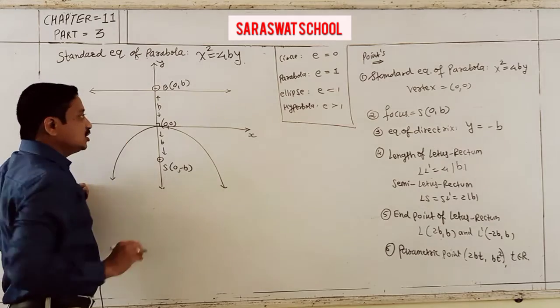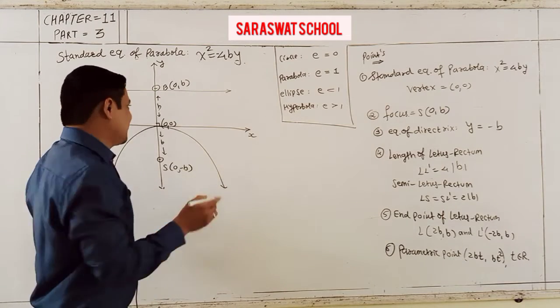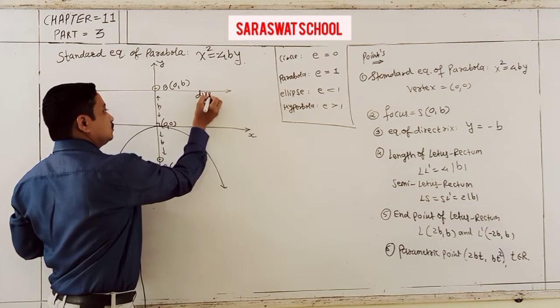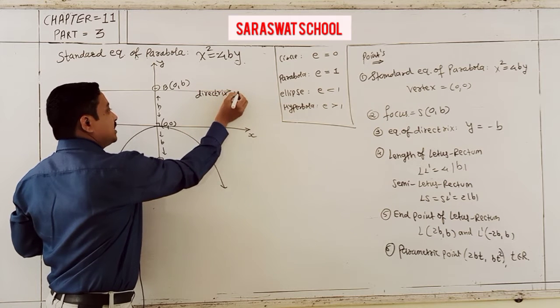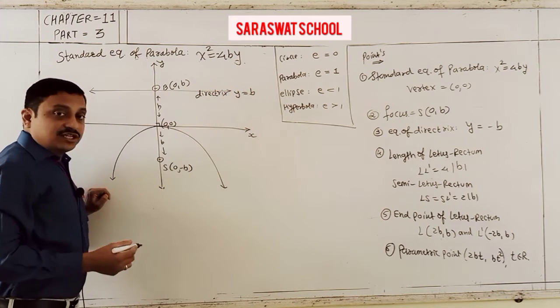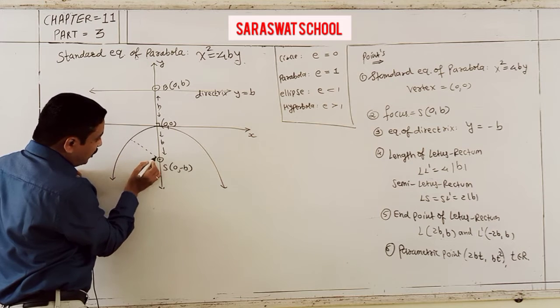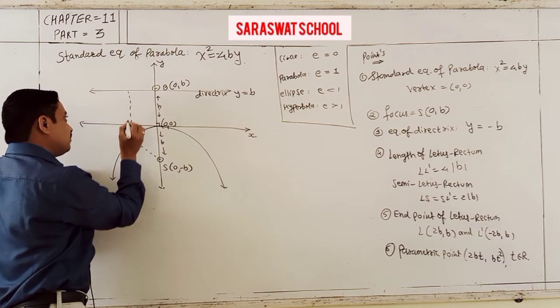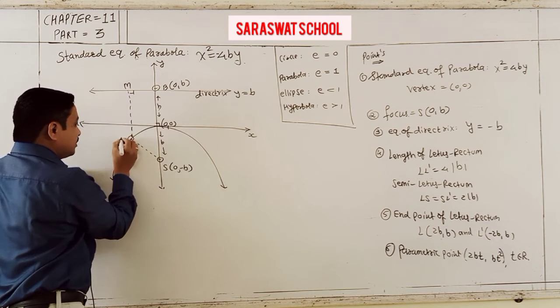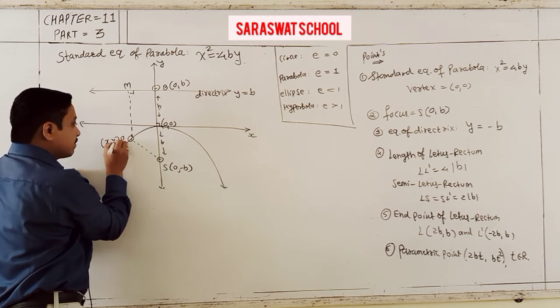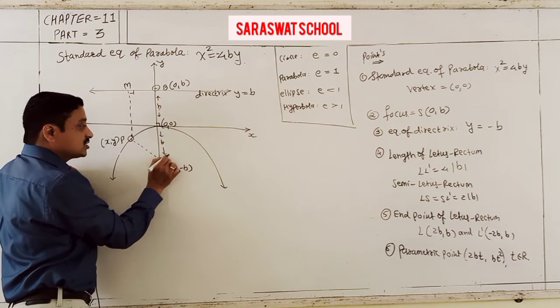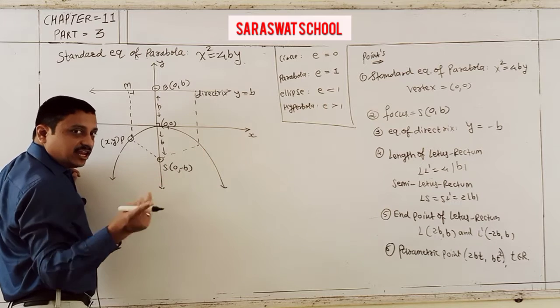And here you take one line passing through it. It is called the directrix, y is equal to b. And students, here focus, take one point, and that is exactly perpendicular on it, point P (x, y). This side also taking, don't worry, any one side you take.